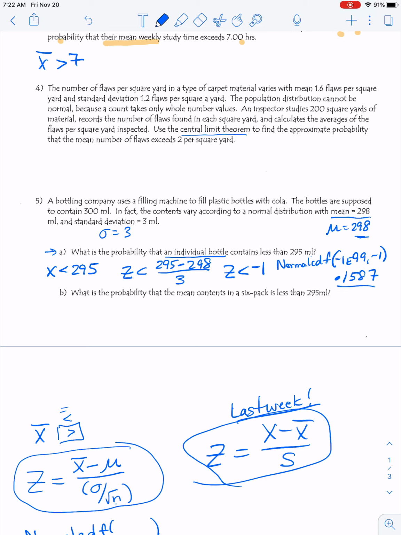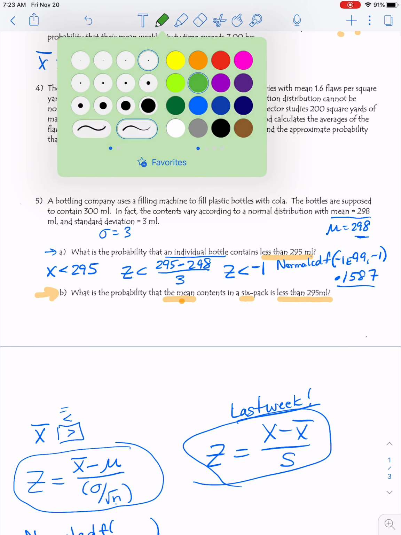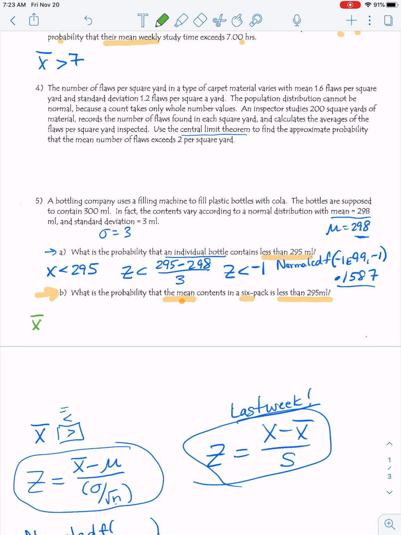Now, different from what we have here in B, because it says, what is the probability that the mean in a 6-pack is less than 295? So it feels like it's the same, but it says the mean. So that means, no pun intended, that x bar is going to be less than 295.